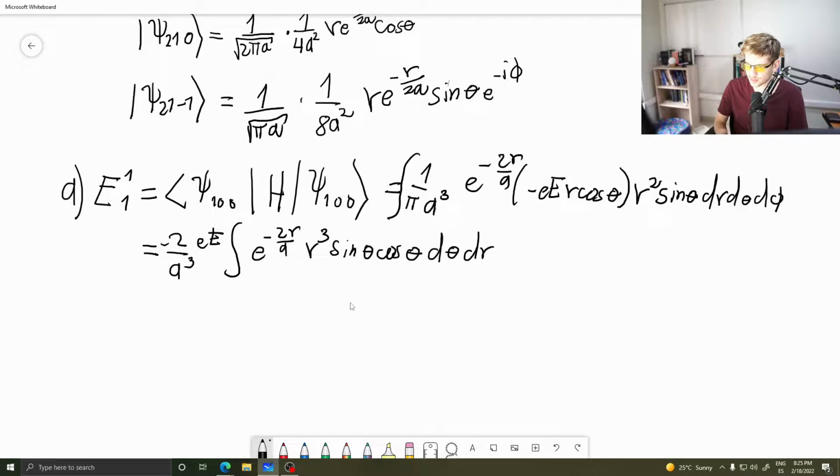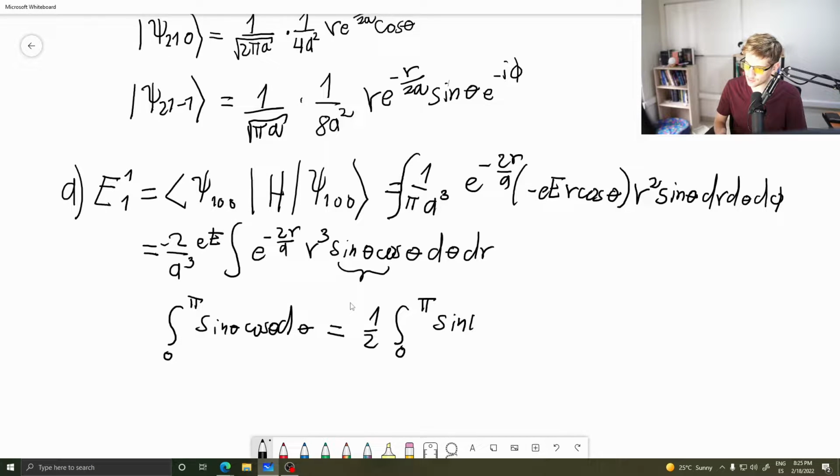So the theta integral, this part right here, it's going to be the integral from 0 to pi of sine theta cosine theta d theta. All right, and we can rewrite this as 1/2 of the integral from 0 to pi of sine of 2 theta d theta.